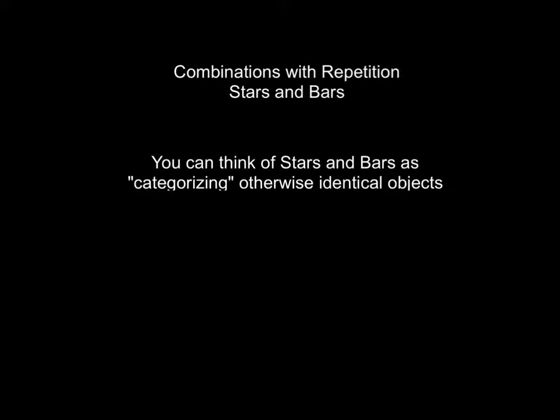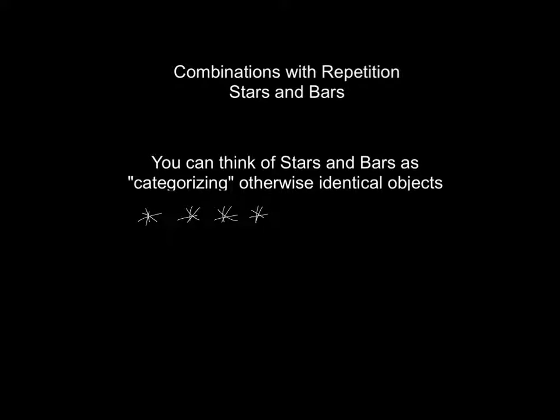Another way I like to think of combinations with repetition or stars and bars is I like to think of the stars and bars as categorizing otherwise identical objects. Essentially, you're categorizing these identical stars. In the last example, these stars represented orders, and the reason why they were considered identical objects is because each order didn't belong to anybody. They're just some person's order.